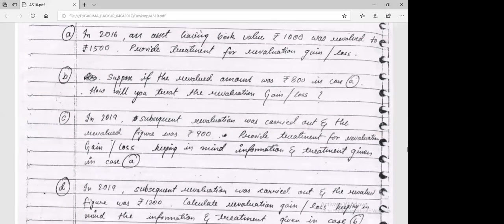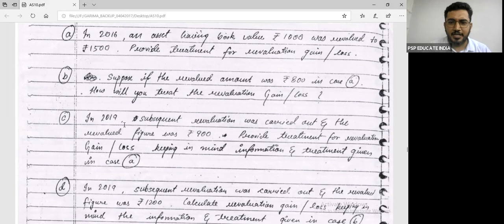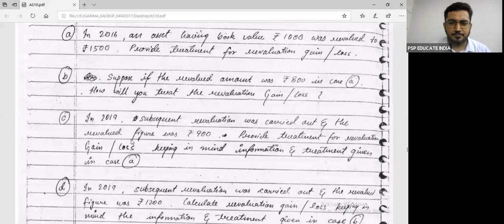Yes, Simran, please solve this question. Question 8A. What will be the treatment for revaluation gain or loss? You are on unmute. You can please go ahead and speak.